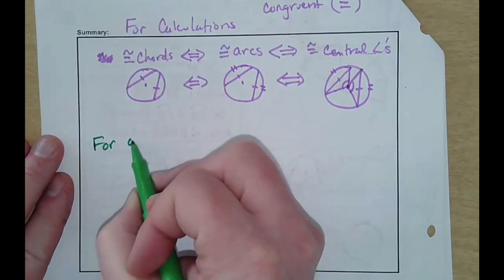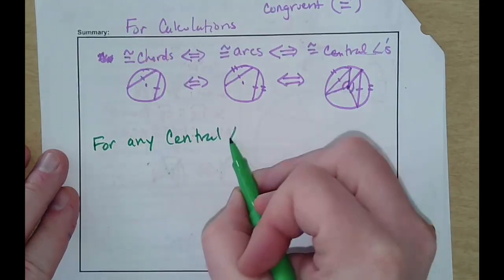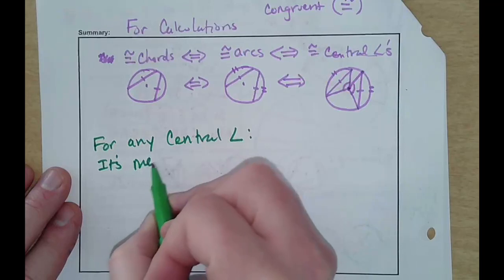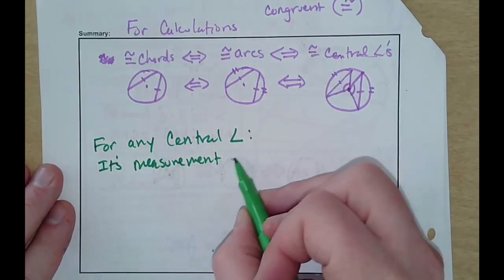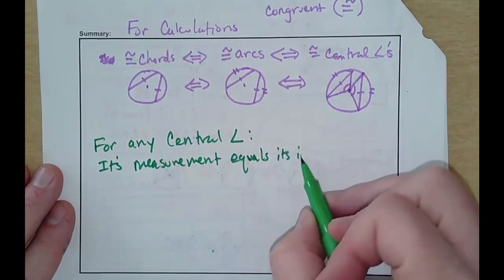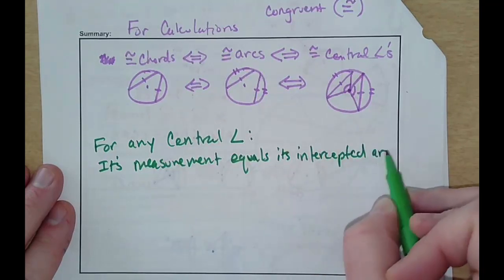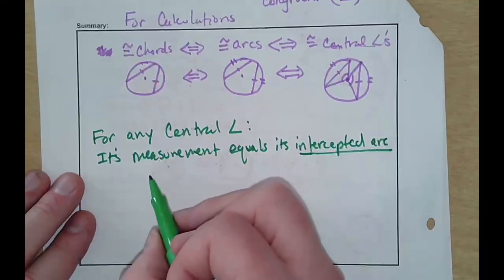For any central angle, its measurement equals its intercepted arc. That arc is the one that's caught in the mouth of the gator.